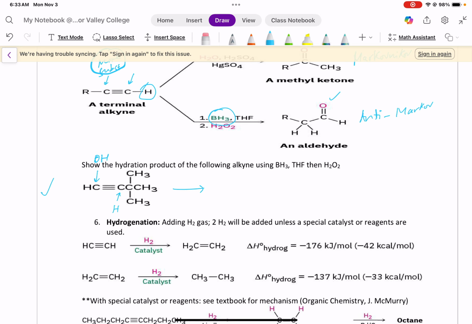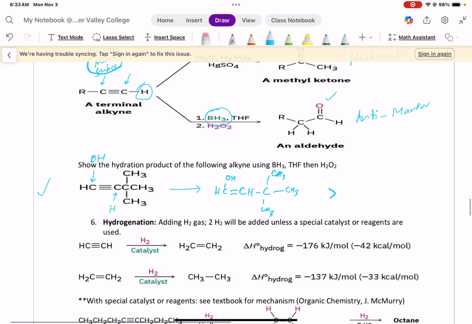So we would get a C, HC double bond, CH, C, 3-methyl, which then turns into an aldehyde.